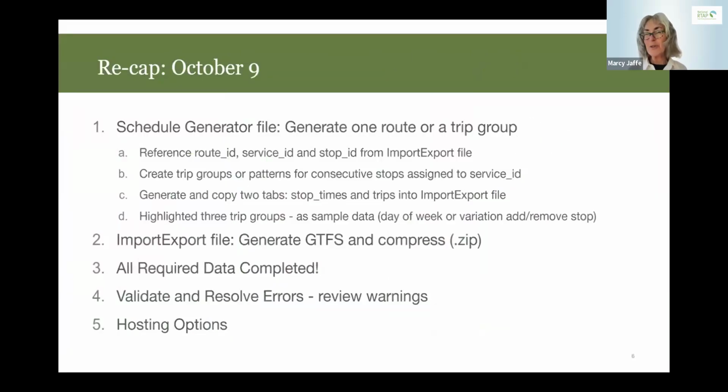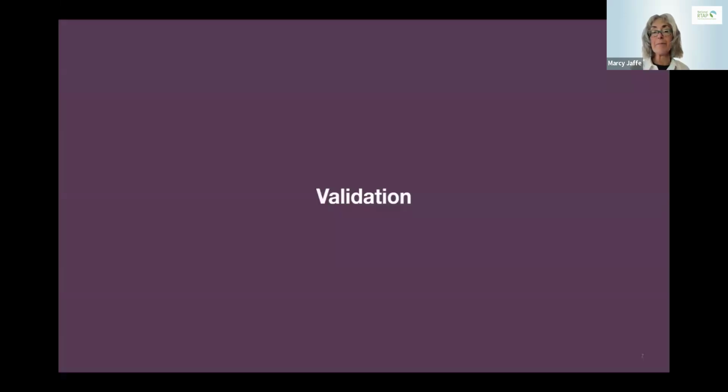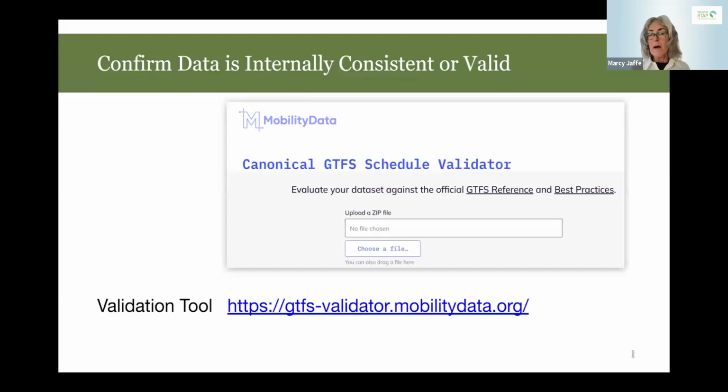Again, a slide just for your review of where we came from. When we got to step 3, all the required data was included in your Excel workbook. Now we're working to test it and make sure that it's internally consistent. And we're going to show you about the hosting so that you have a link, a web URL, for the data file.